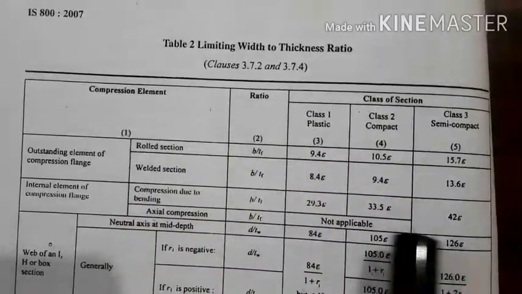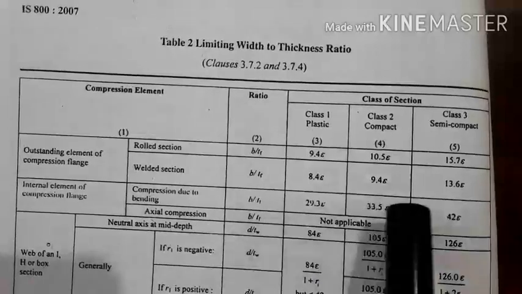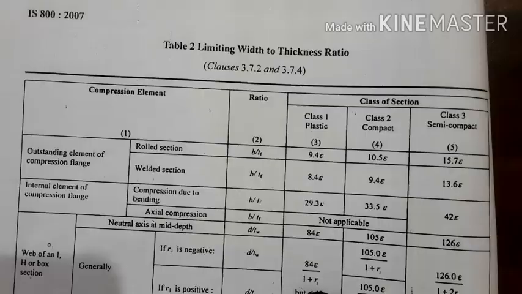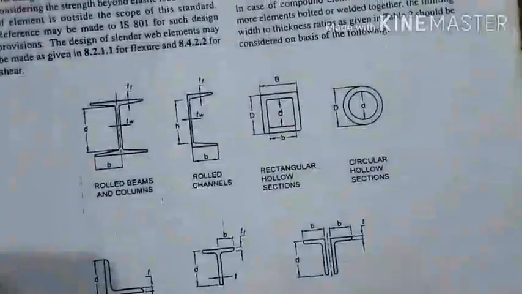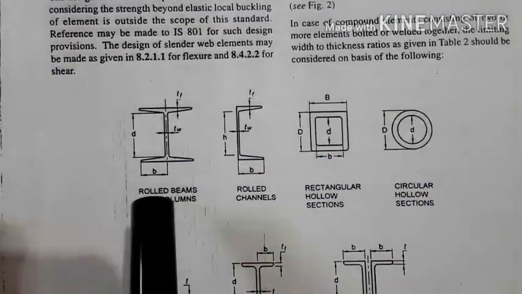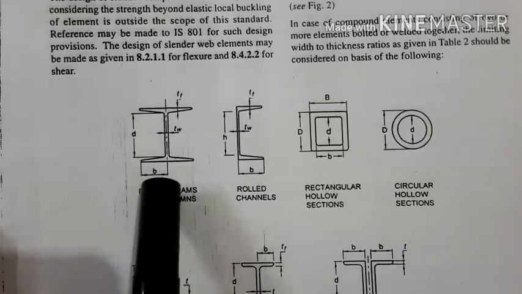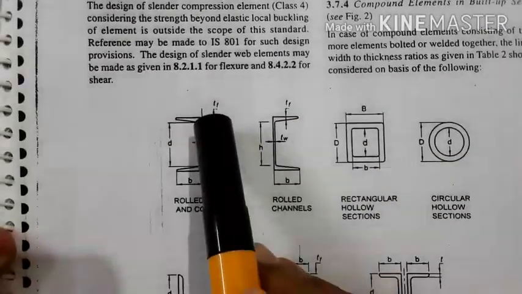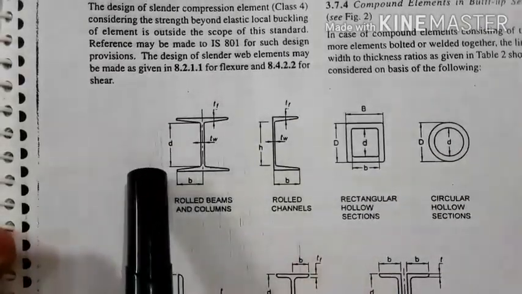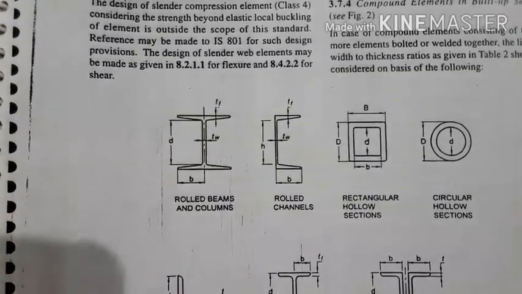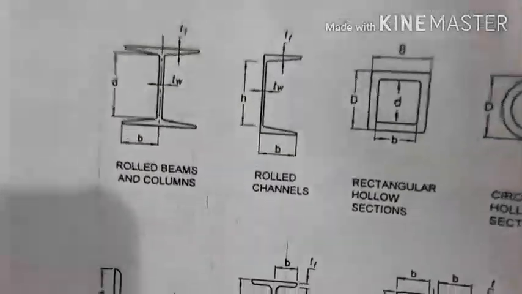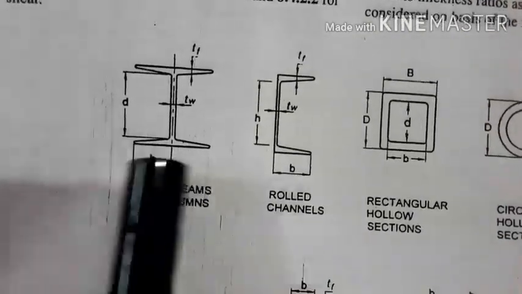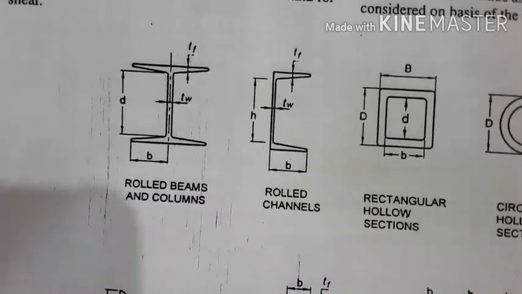Once you calculate the ratios, you check them against the ratios in Table 2 of IS 800:2007. Here B is the outstand width of the flange and D is the effective depth of the web. So B represents the outstand flange width and D represents the effective depth of the web.